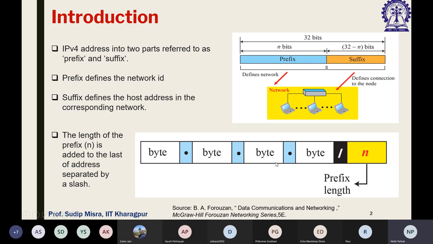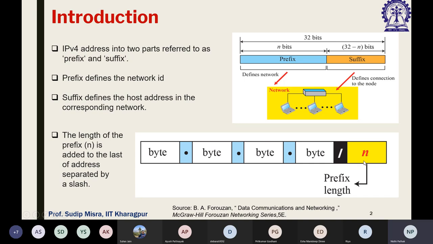When we talk about classless addressing, you do not have that sort of mask like 255.255.255 dot something. Here you have all these IPv4 octets, and then you have this /n, right?